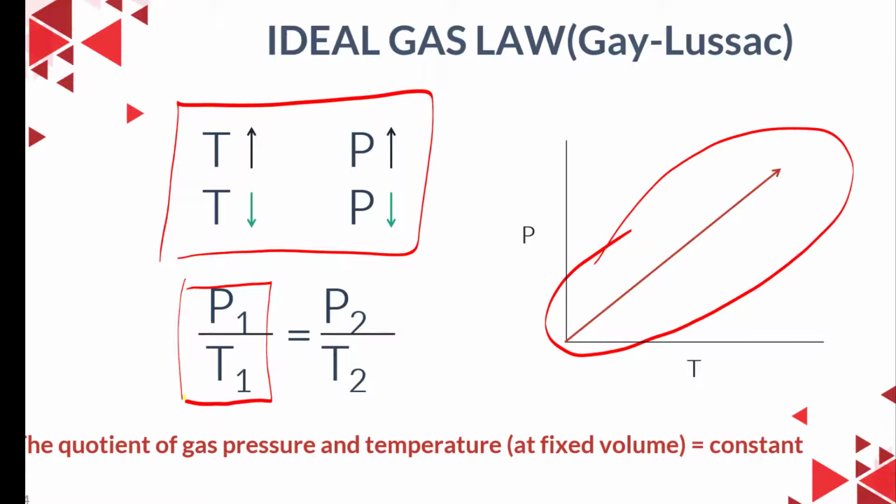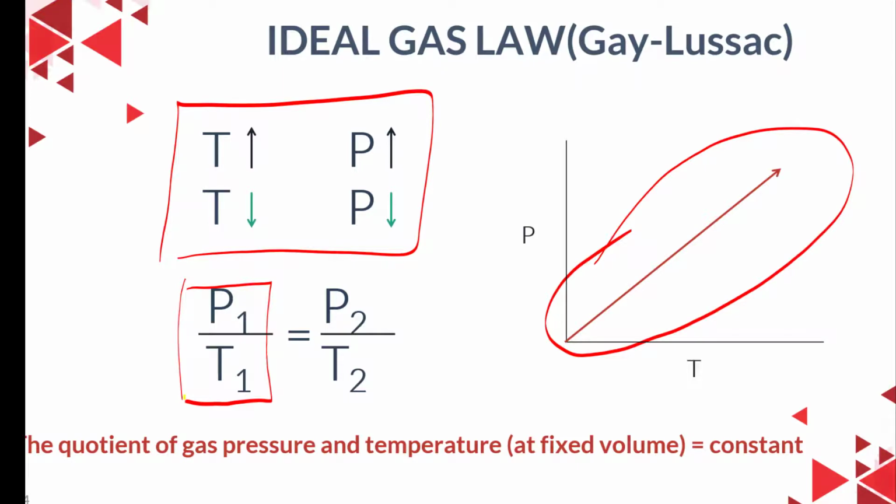The formula here is pressure 1 over temperature 1 equals pressure 2 over temperature 2. So by this correlation, when temperature increases, the pressure also increases. And the opposite, when the temperature decreases, the pressure also decreases.